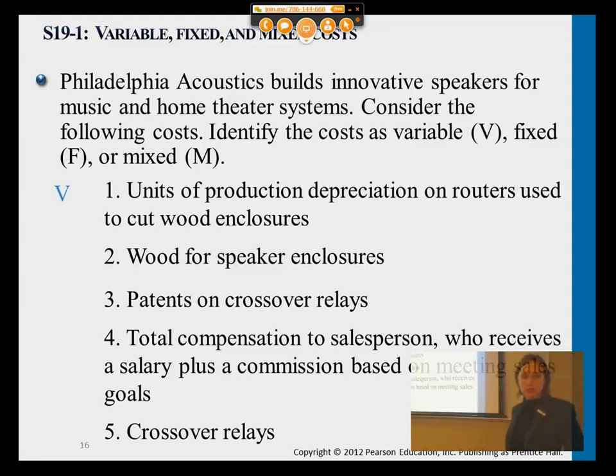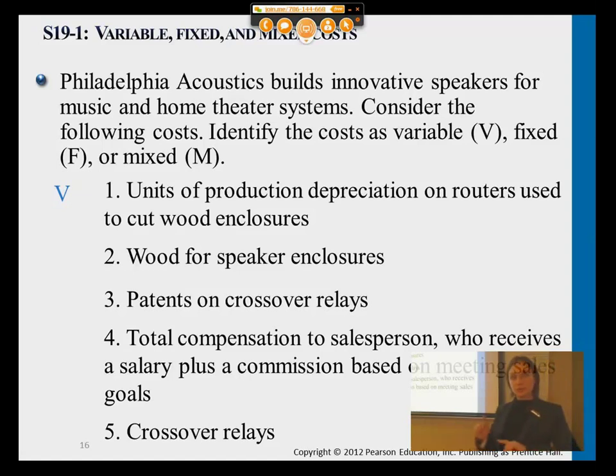Okay, wood for speaker enclosures. Fixed? Why fixed? But it's a different story, right?